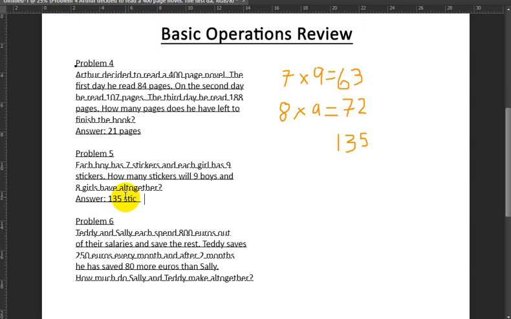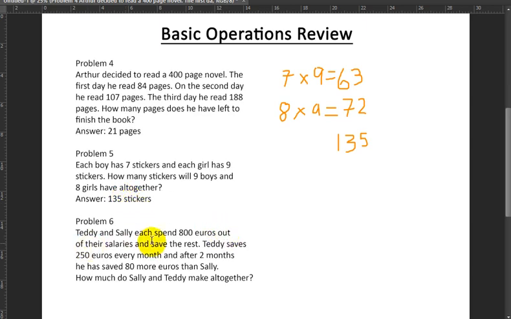135 stickers. Next up, Teddy and Sally each spend 800 euros of their salary and save the rest. Teddy saves 250 euros every month, and after 2 months, he has saved 80 more euros than Sally. How much do Sally and Teddy make altogether? Okay, so to figure that out, we need to figure out how much money each of them makes per month.